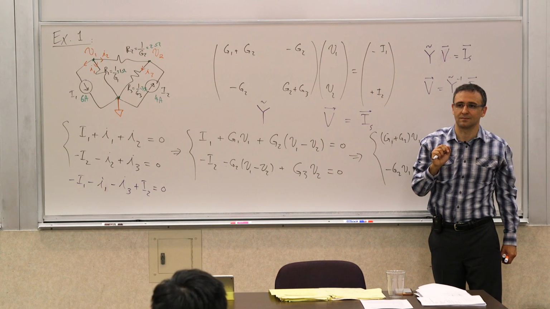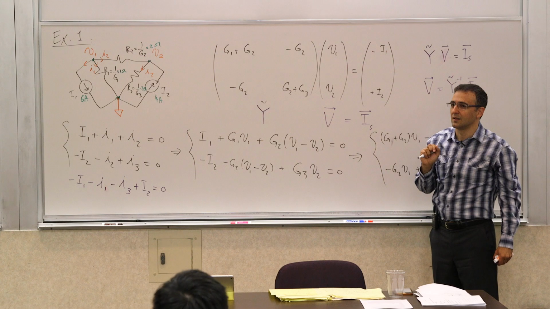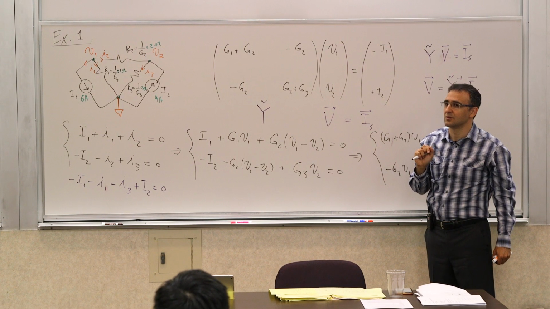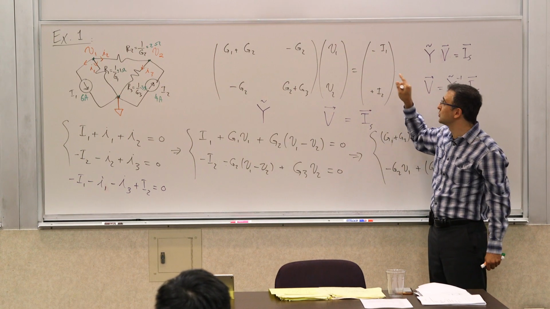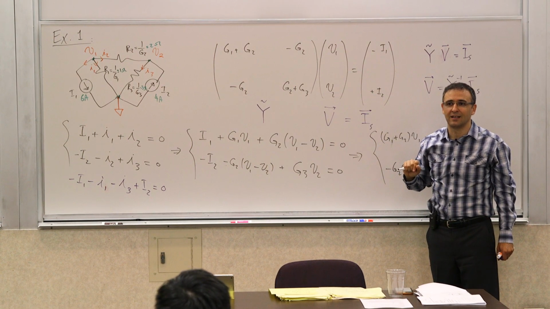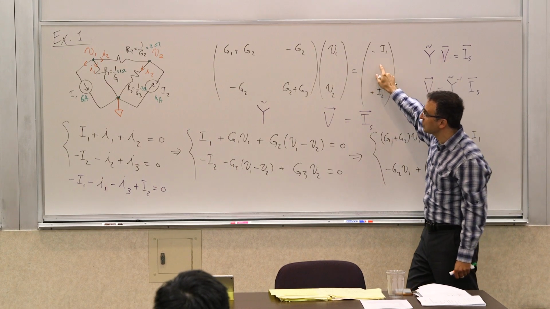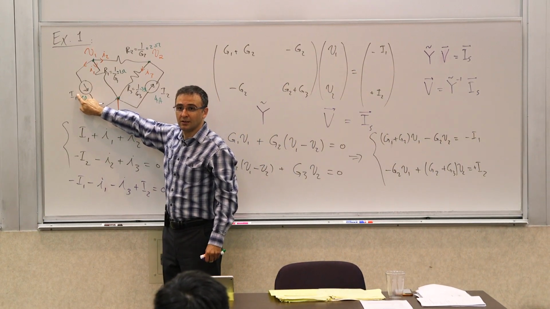The currents going out of the node will be negative, and the currents going into the node will be positive. So what would I write here? Would I write the current going into the node or out of the node to get this sign? Current going out of node 1 is I1, so it would be positive.